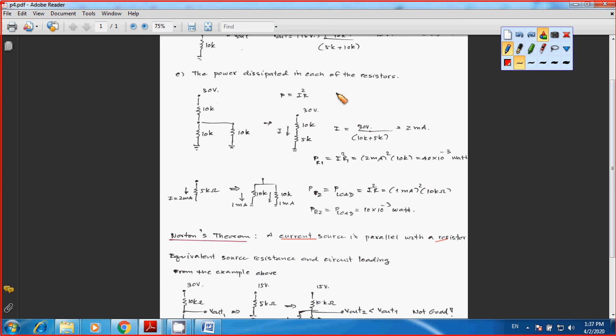But for Thevenin theorem, you know that you have one voltage source in series with that resistor, right? So there's some similar and some different.